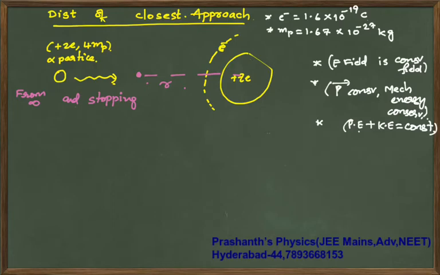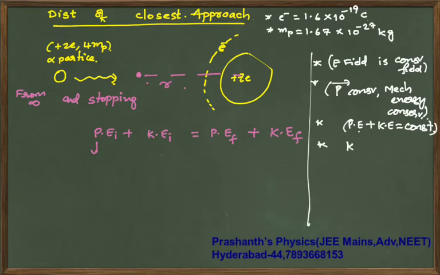How do you set up your equation? PE initial plus KE initial is equal to PE final plus KE final. The electrostatic potential energy between two charged particles is given by K Q1 Q2 by r.